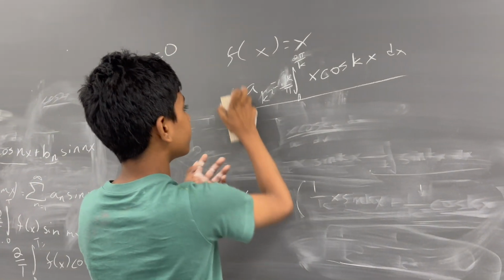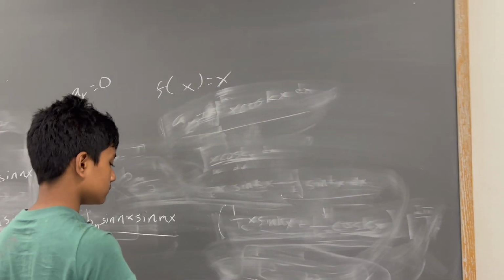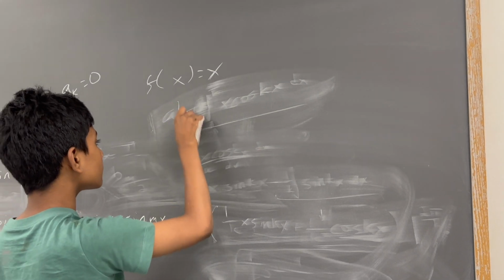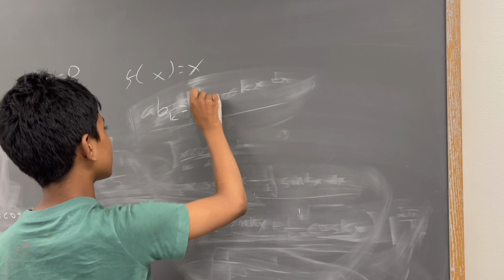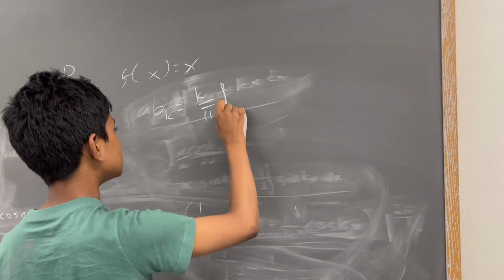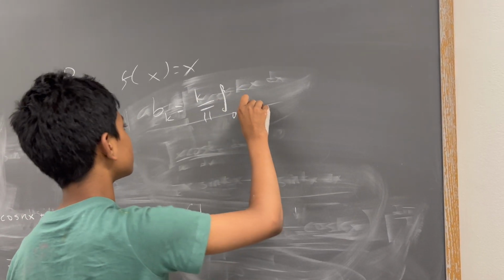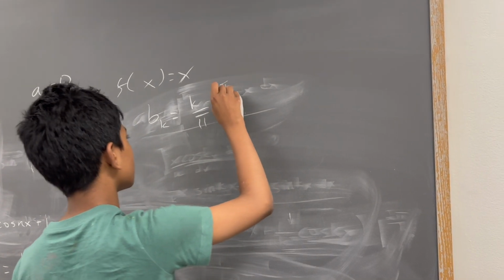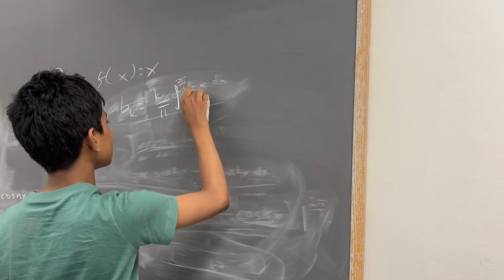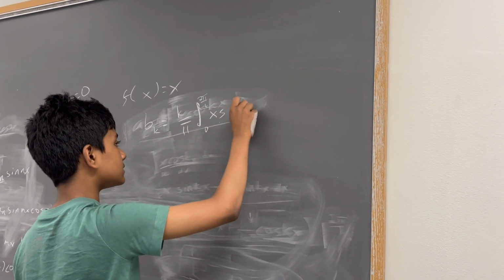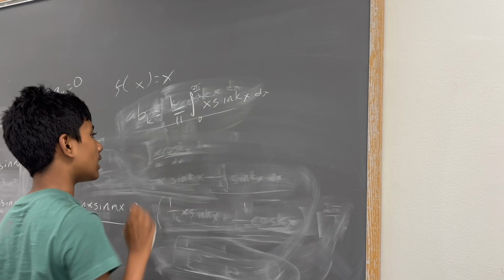What's b_k? So that's just going to be equal to k over pi times the integral from 0 to 2 pi over k of x sine kx dx. Same thing again with IBP.